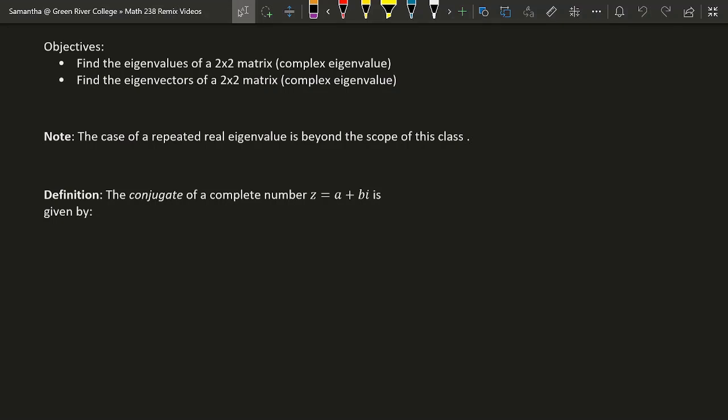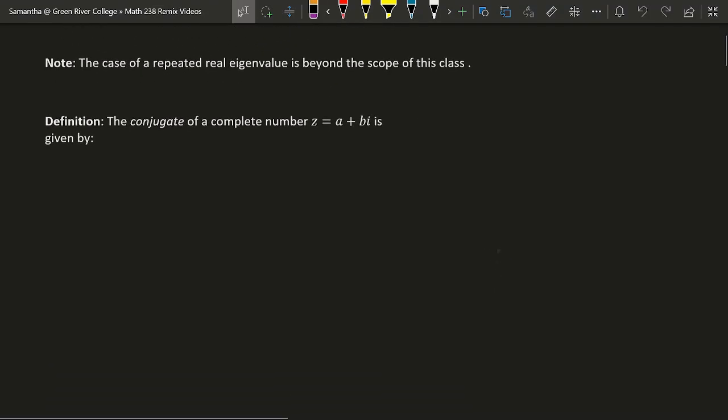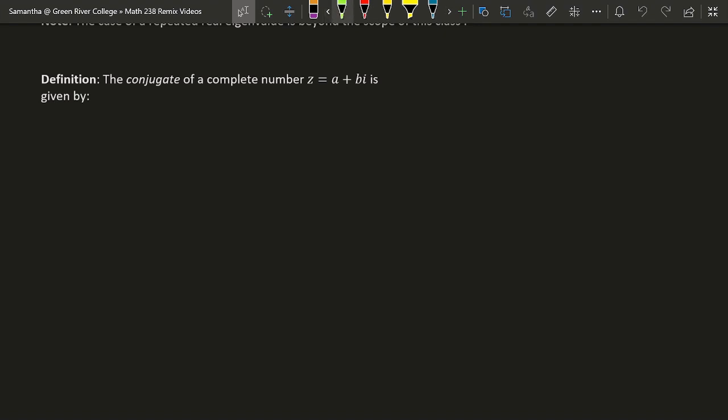Now, the first thing that I would like to talk about is a piece of terminology that's associated with complex numbers. A complex number, a plus bi, has a sort of twin, a sort of brother called the conjugate of the complex number.